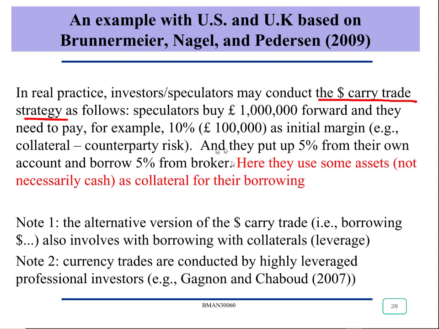Note 1: the alternative version of the dollar carry trade, borrowing dollars, also involves borrowing with some collateral. Note 2: it is well known that currency trades are conducted by highly leveraged professional investors. Anyway, in real practice, in order to implement a carry trade strategy, you need certain capital today. It's not a pure zero-cost strategy in that sense.